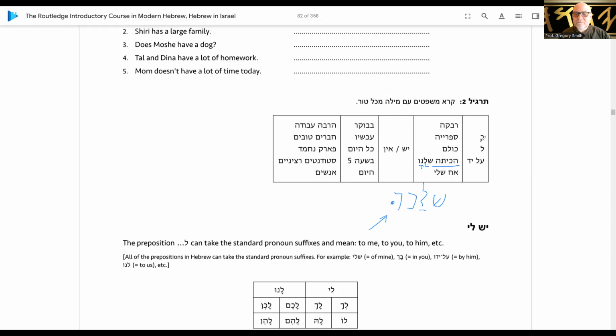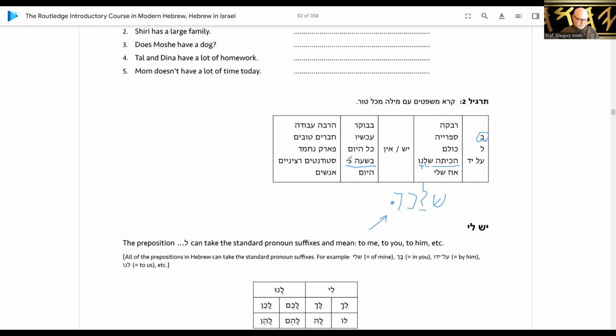Now I wonder if it would use this in hakita. So it might be bakita shalanu, in our class. Basha'a, number 5 would be basha'a shesh.